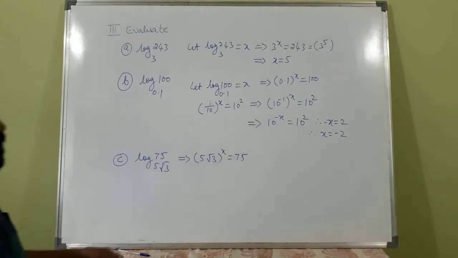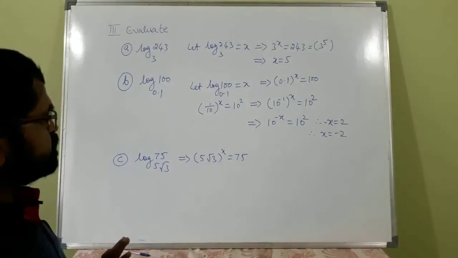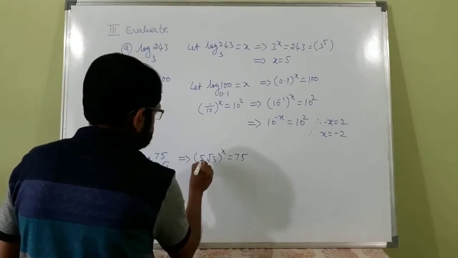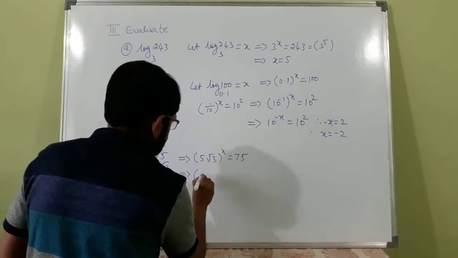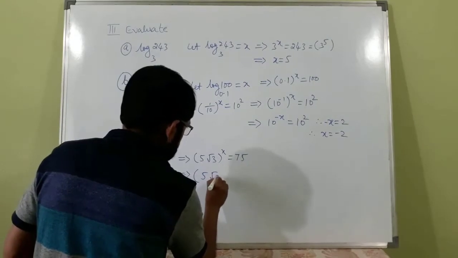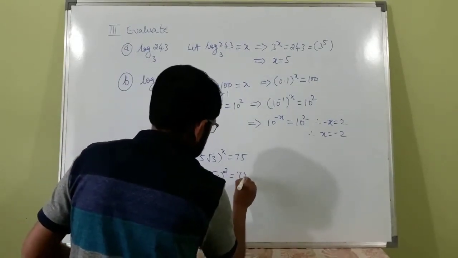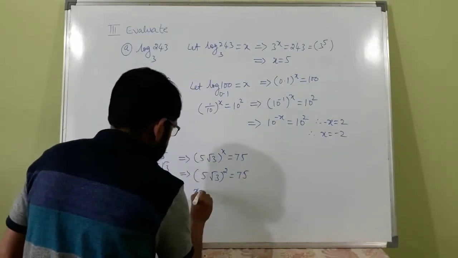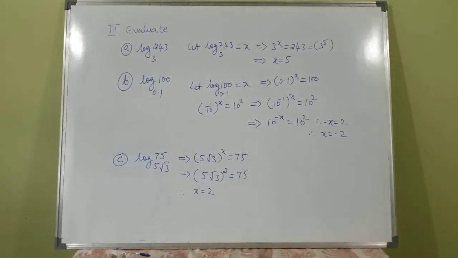See here, 75 can be written as 25 into 3. 25 means this square. 3 into root 3 is 5 into root 3 squared is equal to 75. Therefore, x is equal to 2 here. Got it?